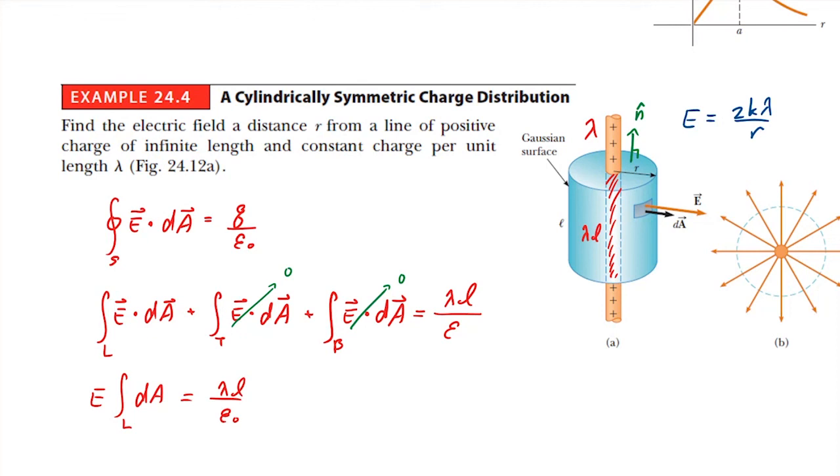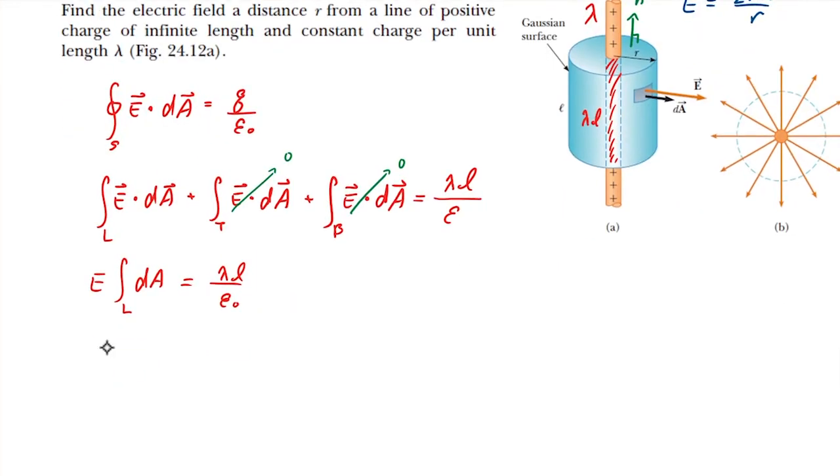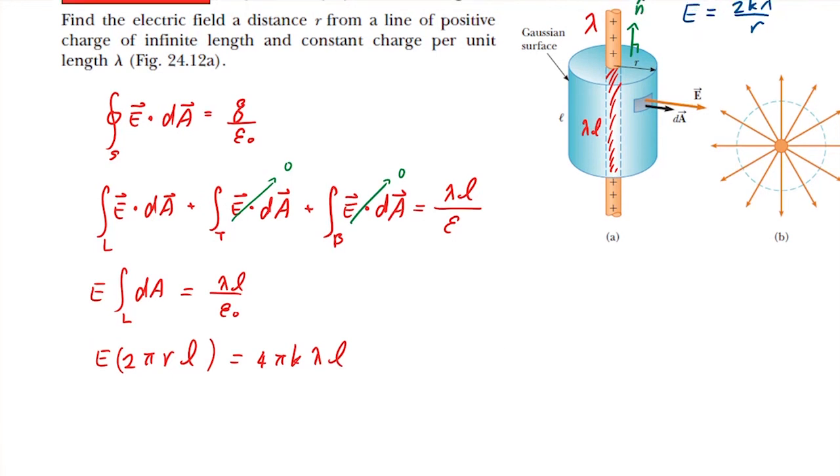With me? Okay. Somebody tell me what the lateral area of a cylinder is? 2 pi RL. 2 pi RL. And then this one, remember, was 4 pi k, right? Say yes.